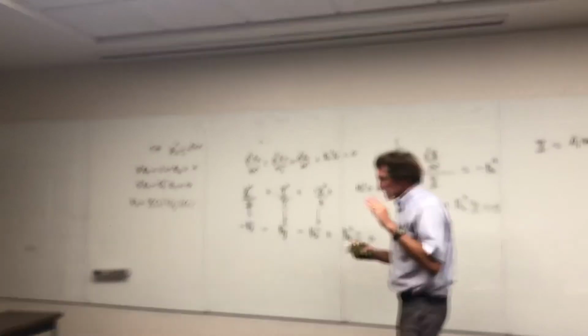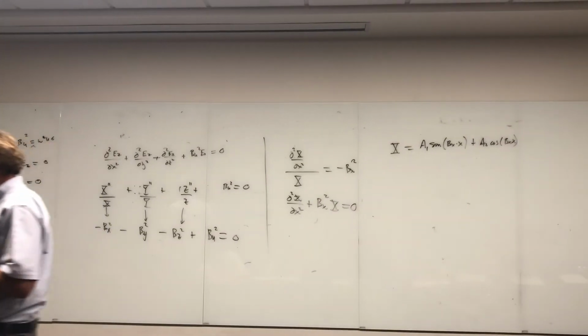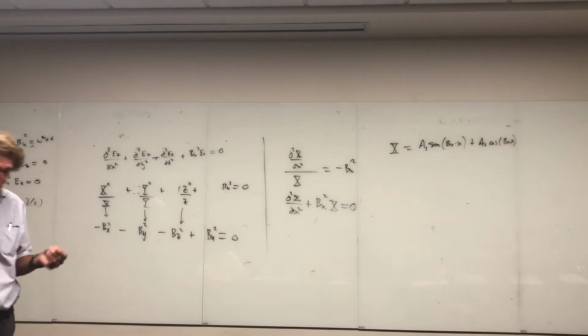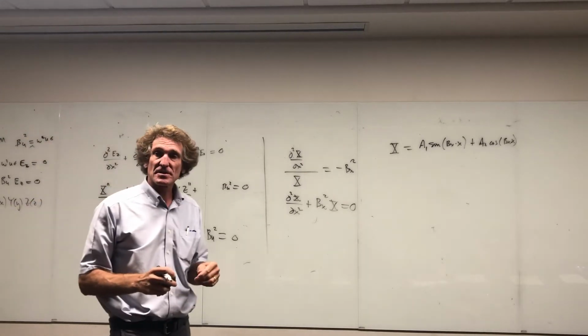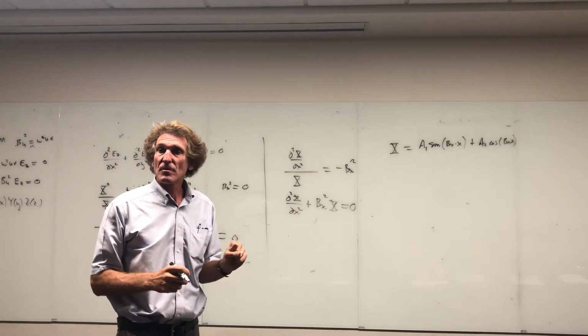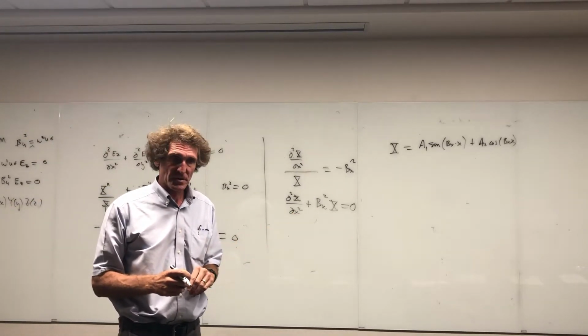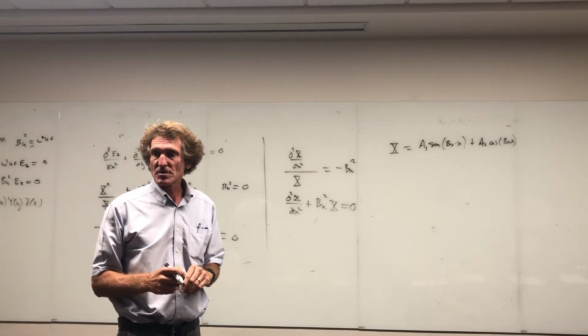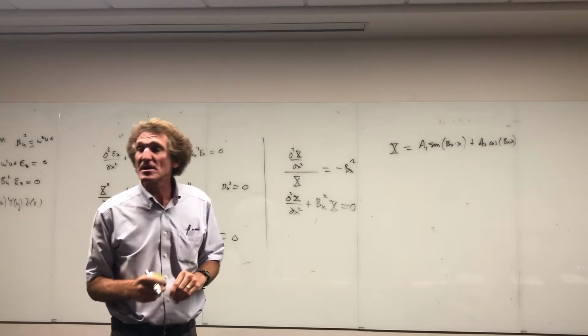Now, there's another solution that it could be a e to the plus or minus j beta x times x, but that's a non-starter because that would imply propagation. There's no propagation in the x direction. So I just want you to appreciate that's the general possible form, right?